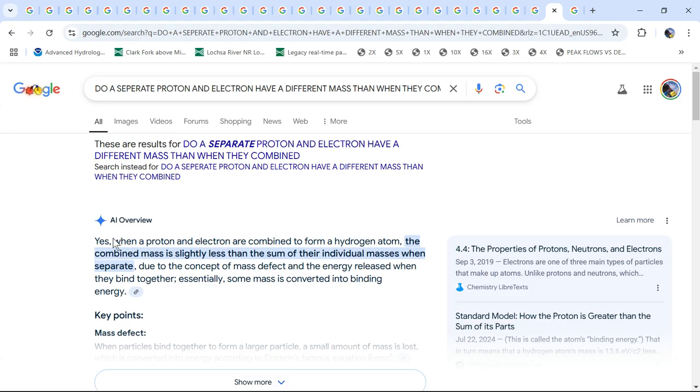But if it's in an excited state, I could add more energy into that. That electron can occupy different higher energy states, and I can say that the energy of that proton and electron is more.